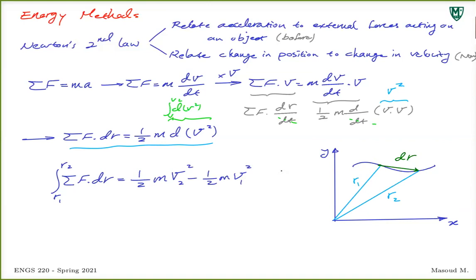So when the particle goes from point 1, whose position is represented by r1, to point 2, whose position is represented by r2, the integral of summation of forces times the vector dr from r1 to r2 is equal to the change, or 1 over 2 m v2 squared minus 1 over 2 m v1 squared. v2 and v1 being the velocities at point 1 and point 2.